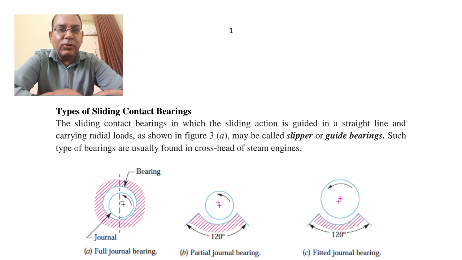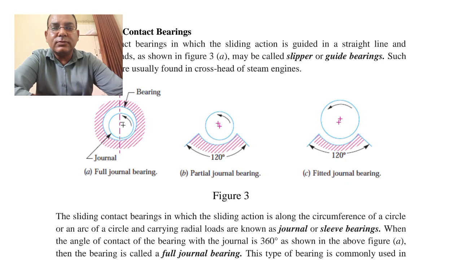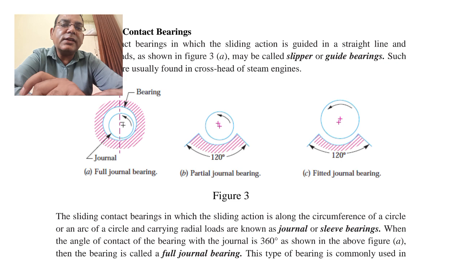The classification of sliding contact bearing depends upon a few factors. One of them is angle of contact of bearing. If the angle of contact of bearing with the journal is 360 degree, that is called full journal bearing, and if it is 120 degree, it is called partial journal bearing. So according to the angle of contact, we can classify sliding contact bearing as full journal bearing or partial journal bearing.